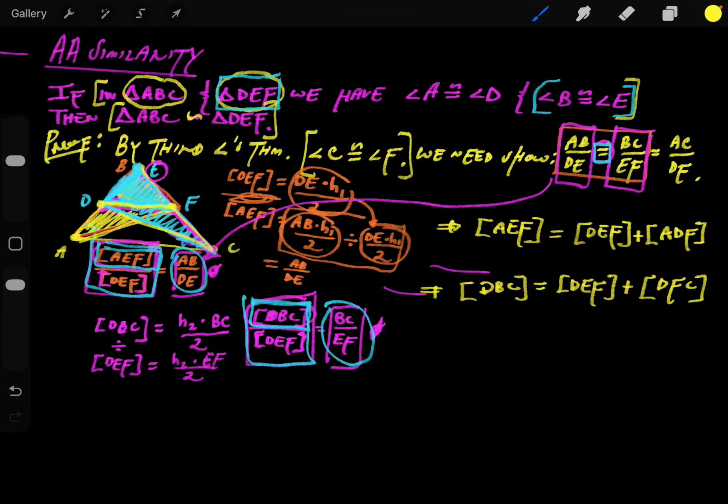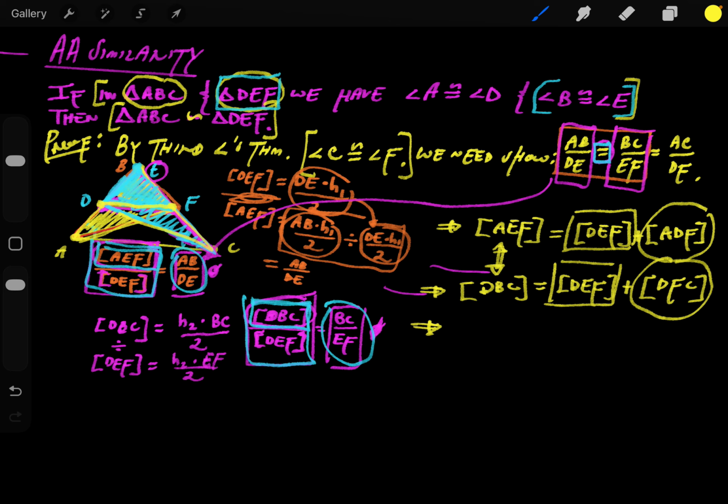So now, after we have this, well, DEF is the same thing as DEF. So this is the same as this, these two areas. So if I'm trying to show these two are the same, all I need to show is that ADF is the same thing as DFC. So let's look at DFC.